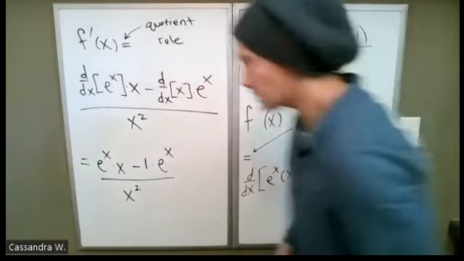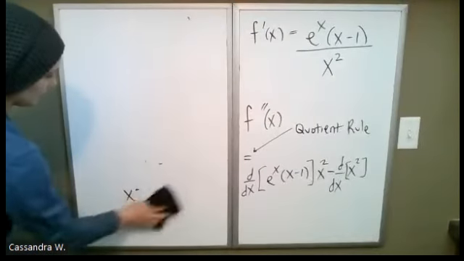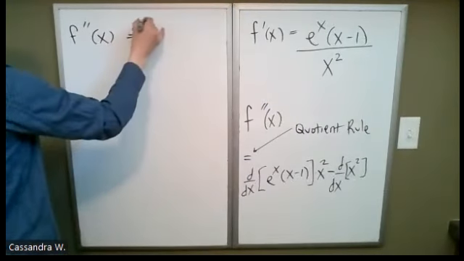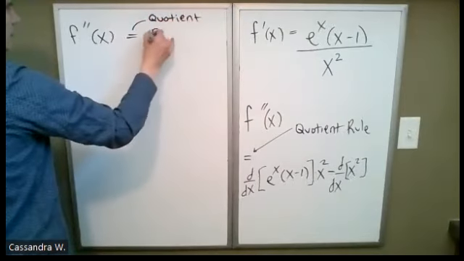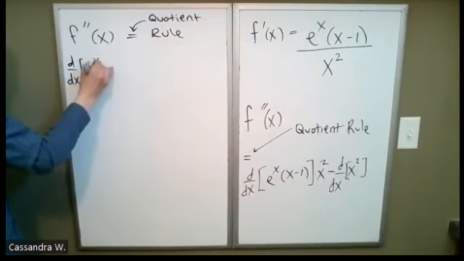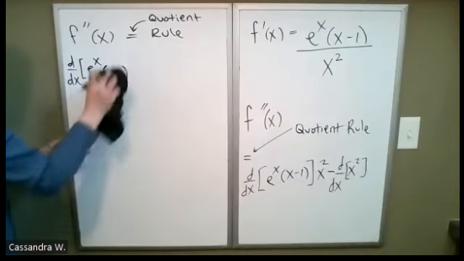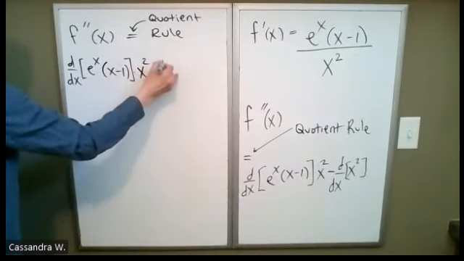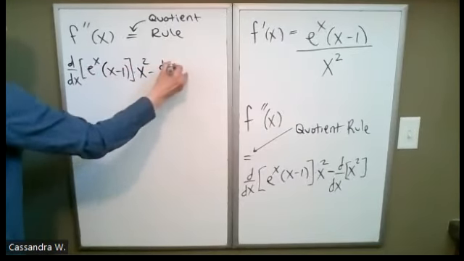I need to copy this down, so I'm just going to copy paste. Then divide by the denominator squared, which is x squared squared.